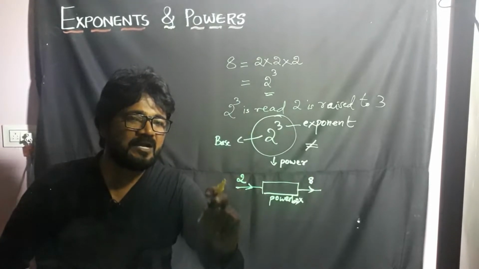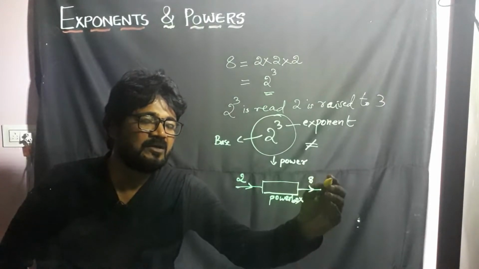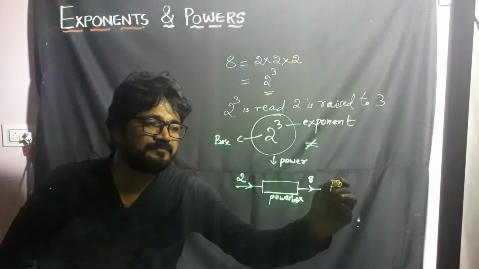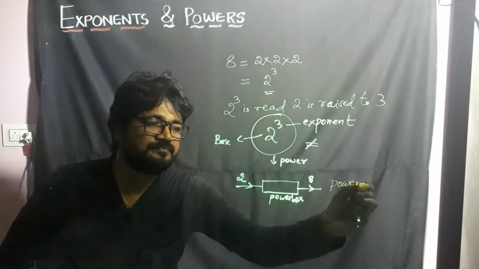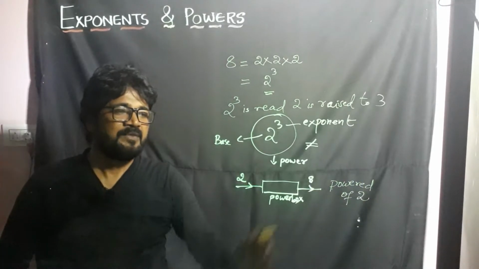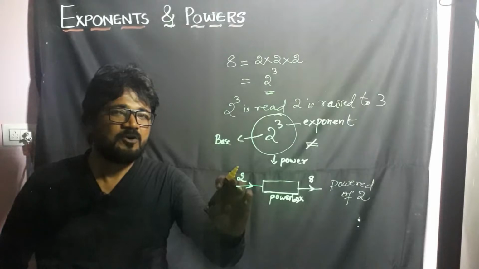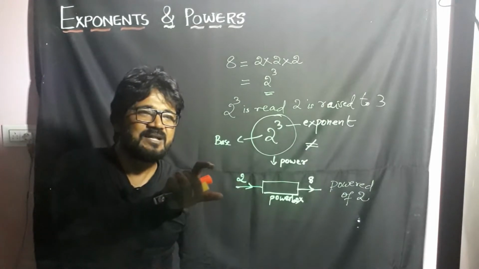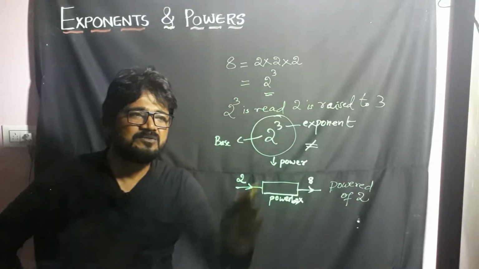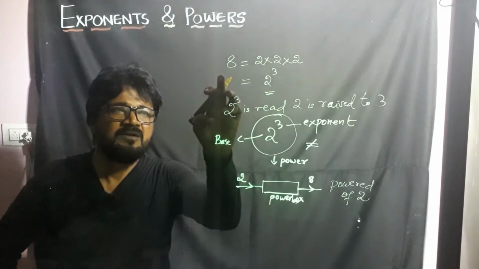That means 8 is the product which can be written in the form of 2 to the power of 3. So this is known as the exponential form of 8. 2 to the power of 3 is nothing but the exponential form of 8.